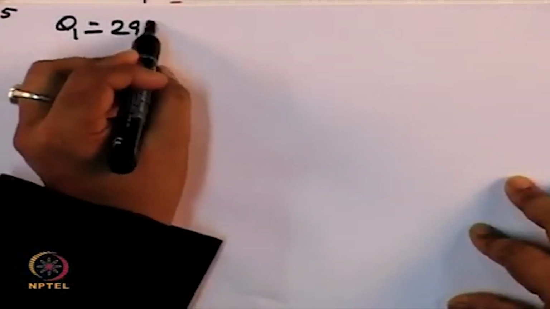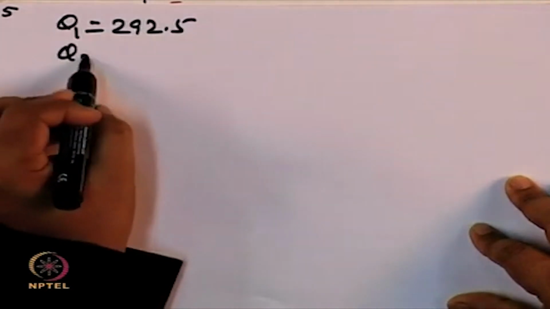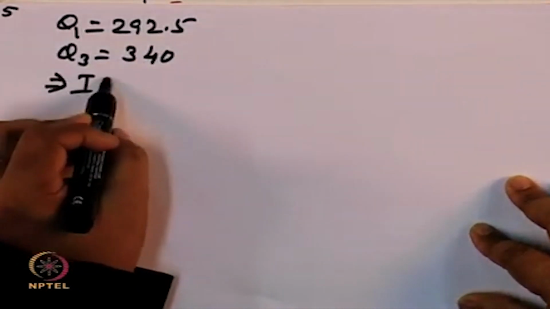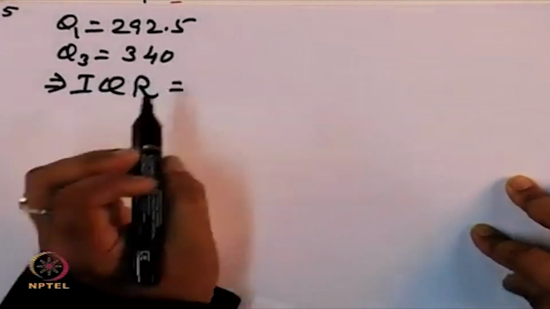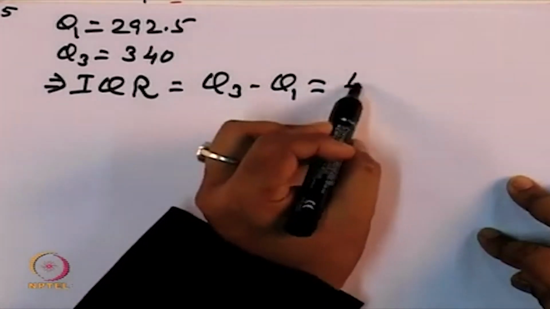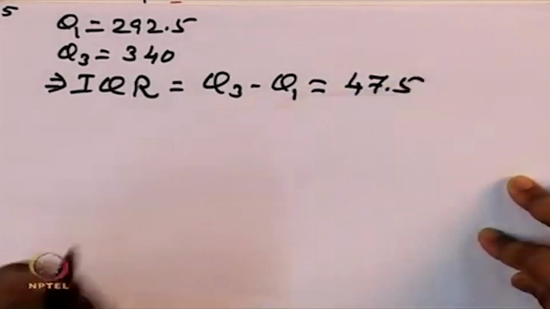So now we need to see our median. For this particular distribution, I have Q1 as 292.5 and Q3 is equal to 340. So IQR is equal to Q3 minus Q1, which is 47.5.